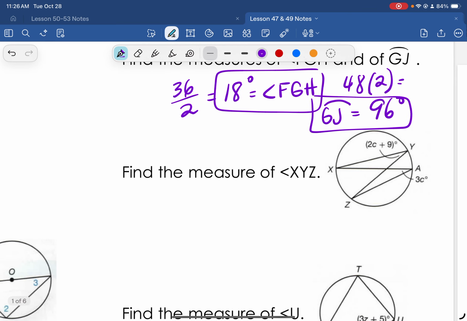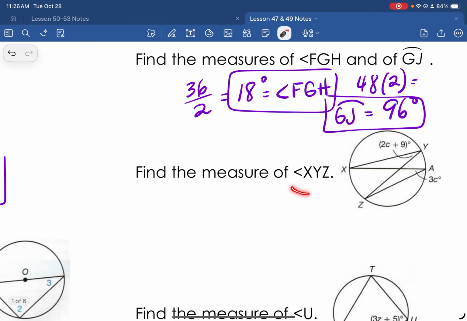All right, down here it says find the measure of angle XYZ. So where is that? XYZ. So they want us to find this one right here. Well, if you think back on the theorem that I told you looks like a bow tie, that means that this one shares arc XZ as this one shares XZ, which tells me these two are congruent.